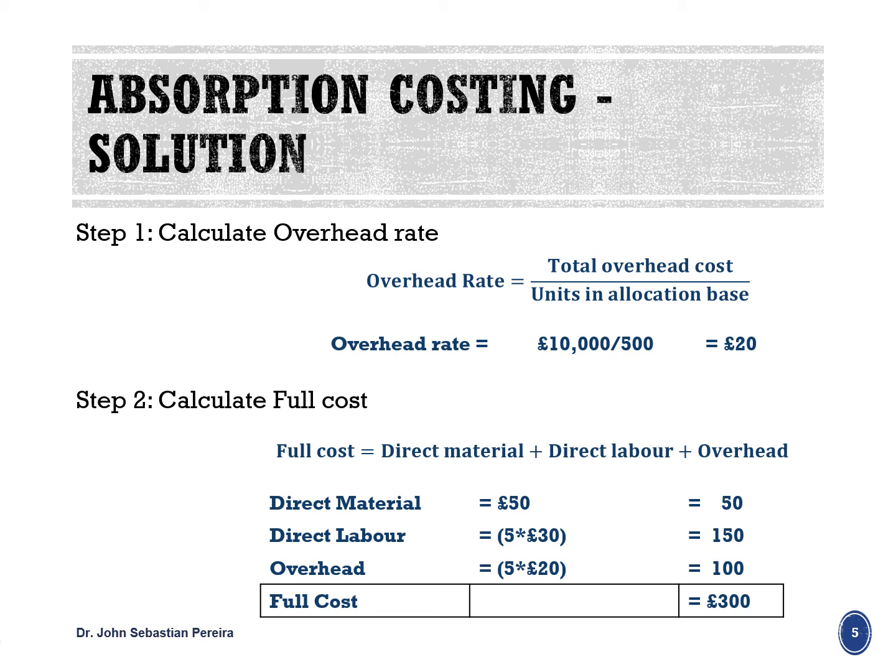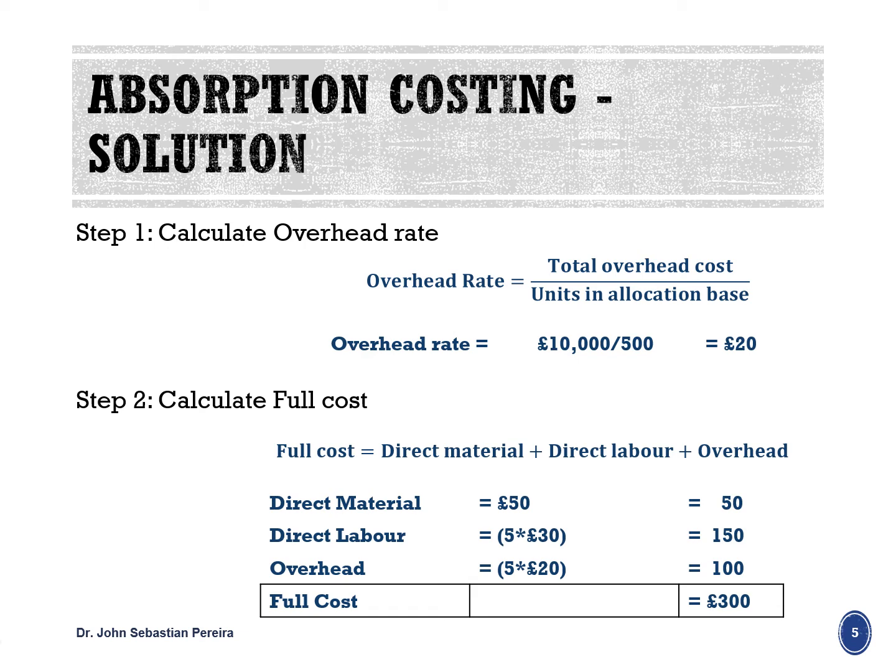The next step is estimating the full cost, in which we take into consideration the direct material, £50, the direct labor, which is 5 hours of servicing patient X, charged at the rate of £30 an hour, £150, and ultimately the overhead allocated using the overhead allocation rate calculated in step 1, £20, multiplied by 5.